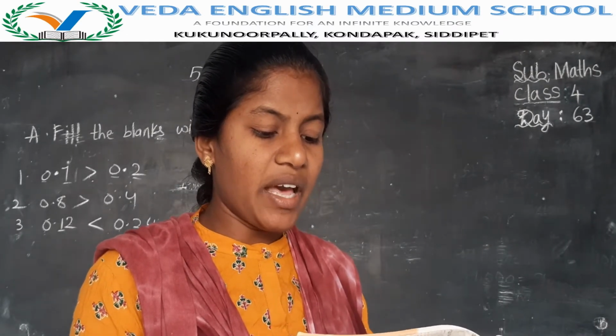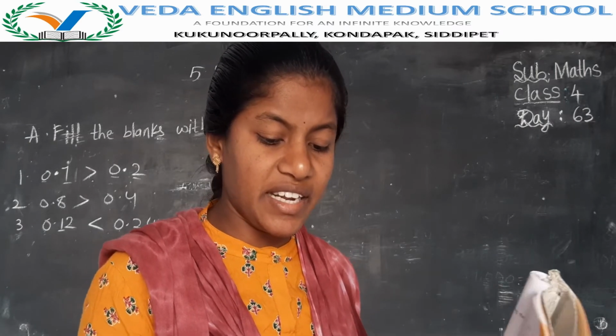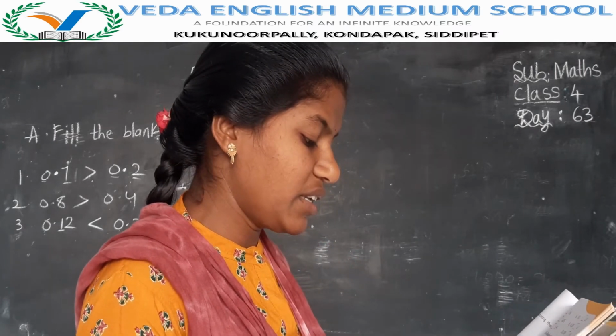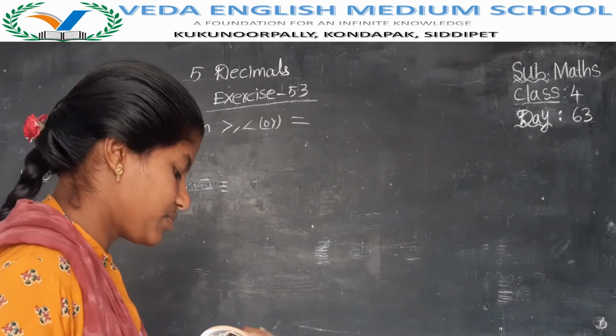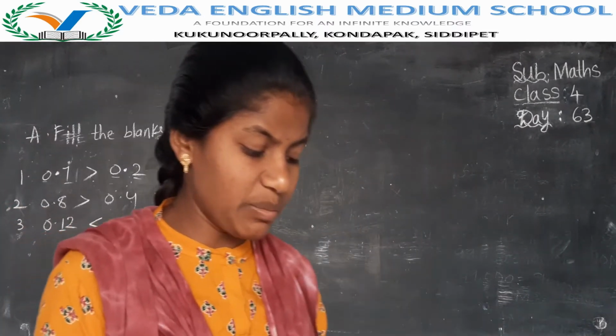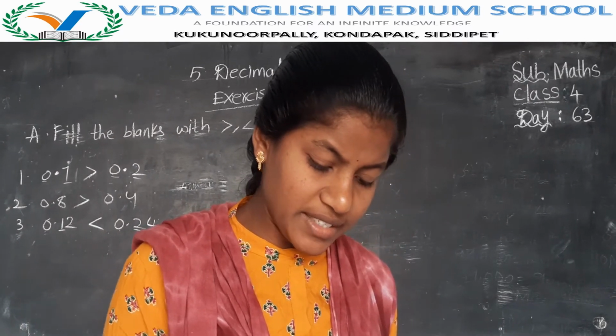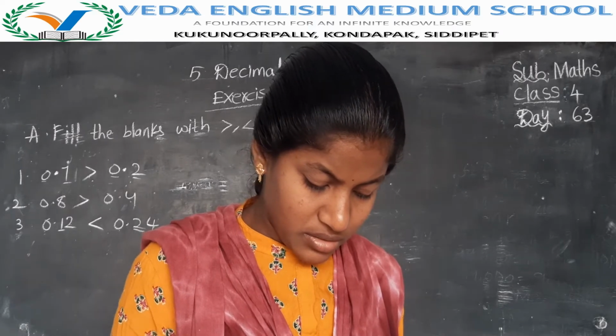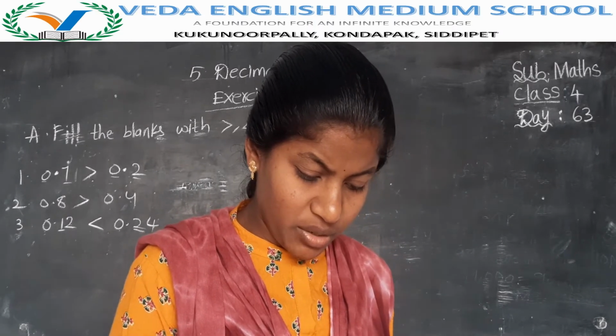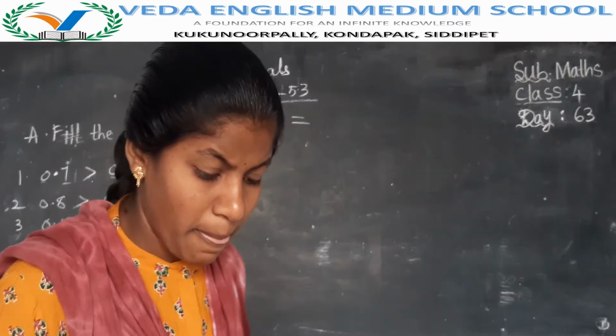Then the next: arrange the following decimals in ascending order. Then you have to write in descending order. You have to arrange them in ascending order and descending order. That means you have to write small to big and big to small.